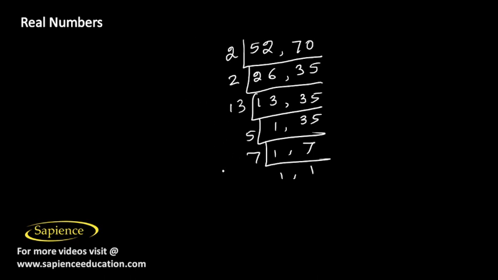Now the product of all these numbers will be the LCM. 2 into 2 into 13 into 5 into 7.